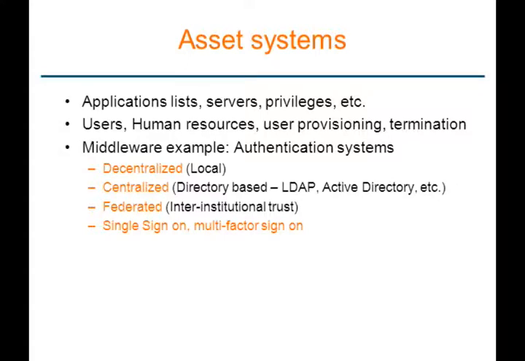So as an example of user-based or user asset systems, the middleware example in this case would be centralized authentication. So how does authentication work? That means how signing on works. Well, you can have it completely decentralized, which means every application has its own user ID and password. Clearly, that runs into a problem the moment the number goes more than 3 to 4. You could have it centralized completely.